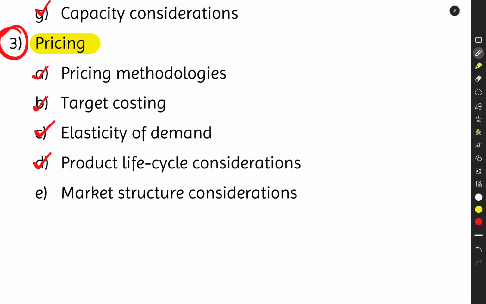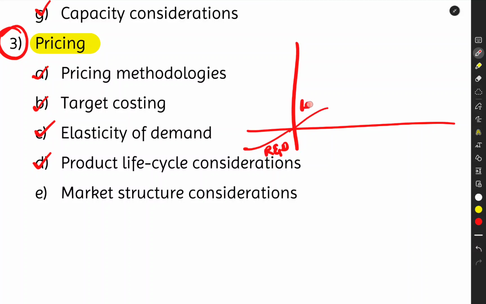Then we have something called PLC, product life cycle. For any product, there is a life cycle. First you will have research and development, R&D. Then you will have a launch phase, where you launch your product in the market. Then there will be a growth phase, meaning your product is growing. People are accepting your product and consuming your product or service.